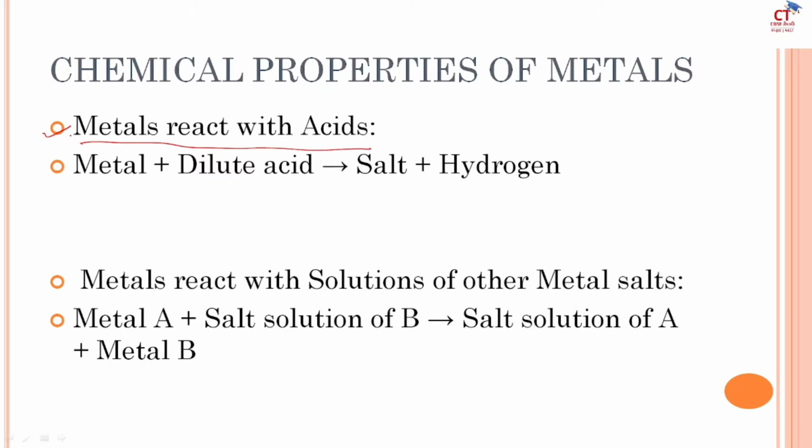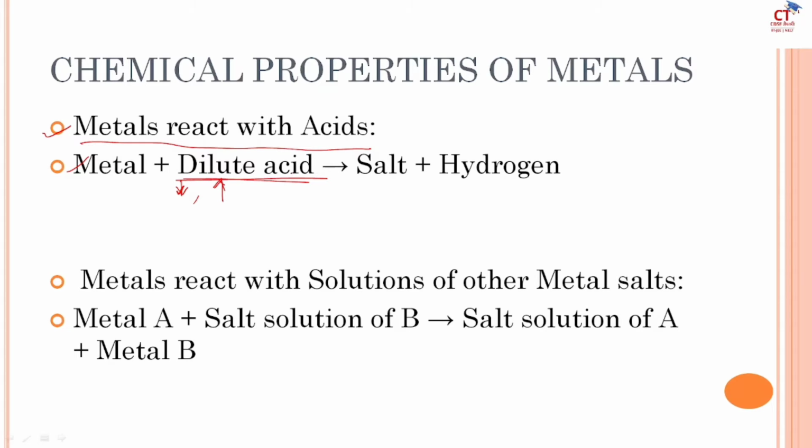Further we have learned how metal reacts with air and how metal reacts with water, and now we will learn how metal reacts with acid. Metal, when reacted with dilute acid, what is a dilute acid? Where concentration of acid is less, however the amount of water is more.